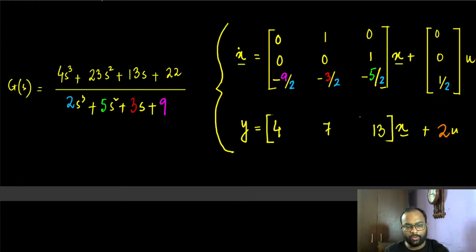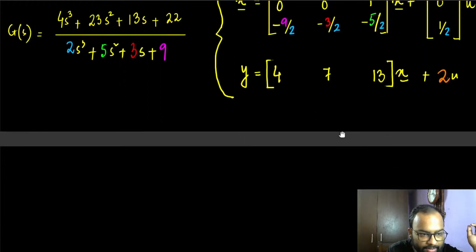Now, as I told you, there are infinitely many state space models describing one single transfer function model, and we are going to dive into that in a future class. Now, of course, if you already realize the pattern, you could always go back and construct the transfer function model without any problem.